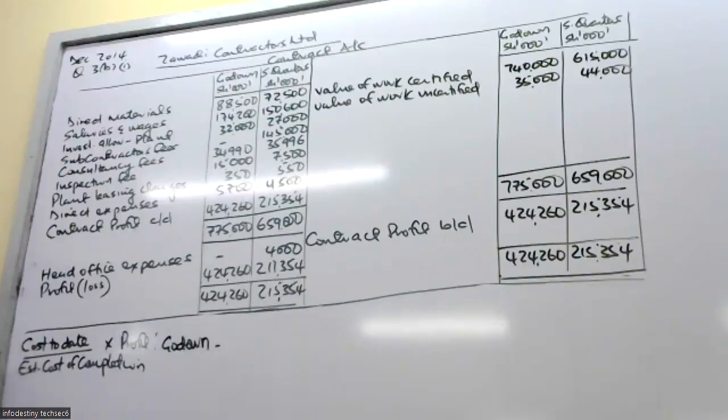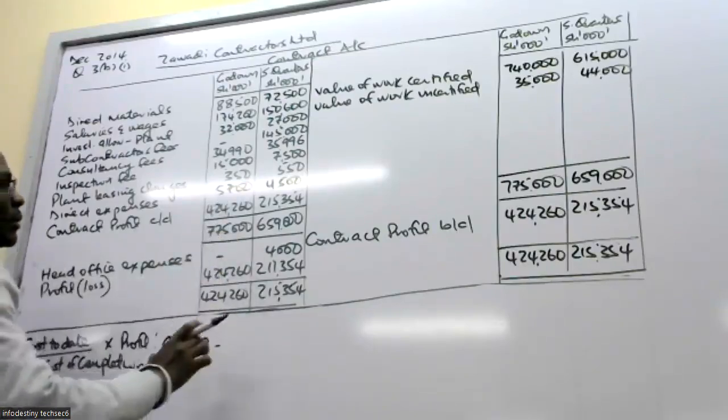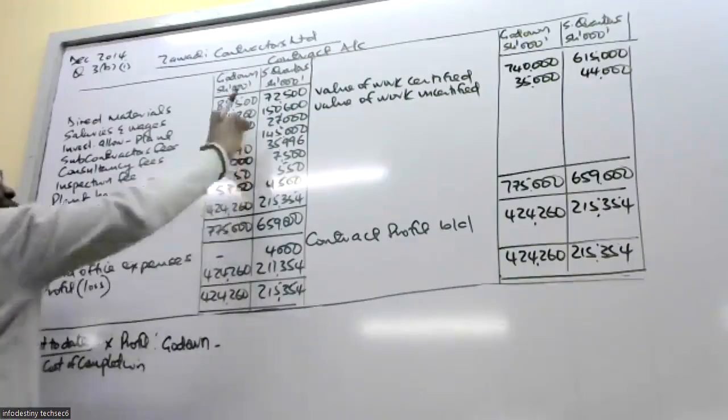So to get cost to date, we get this total minus the profit. It will give us the total costs.